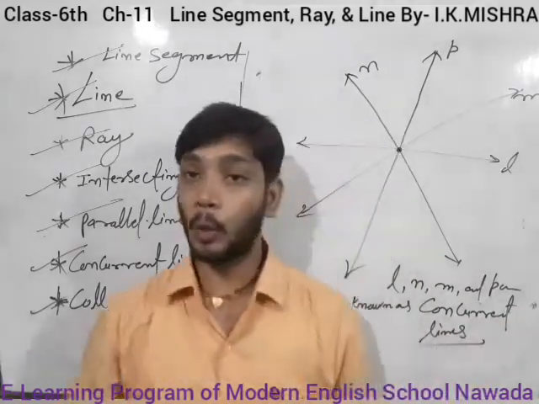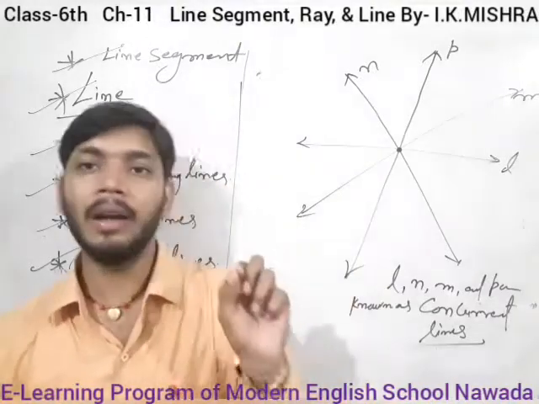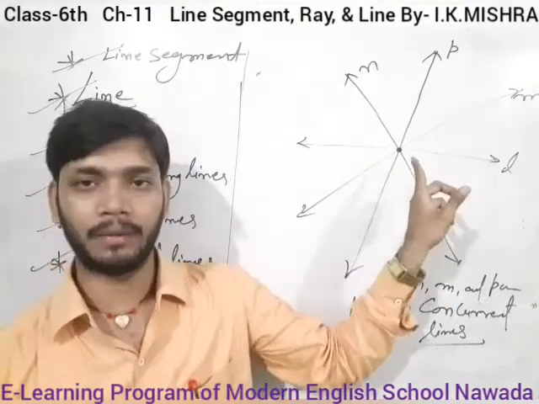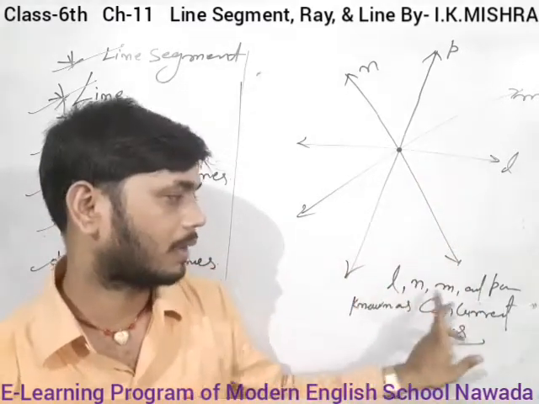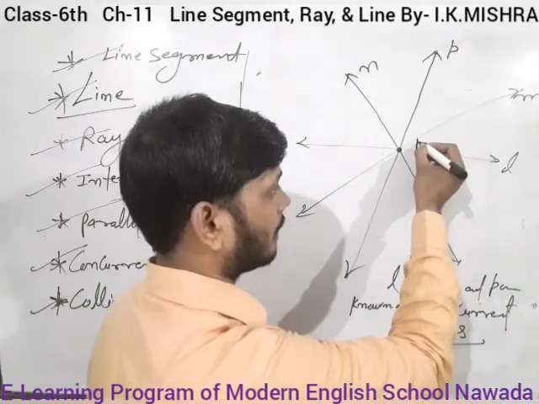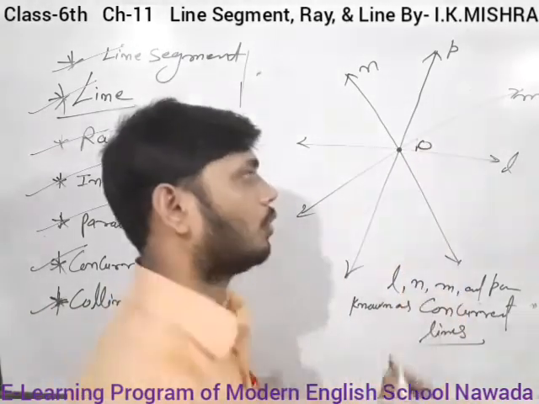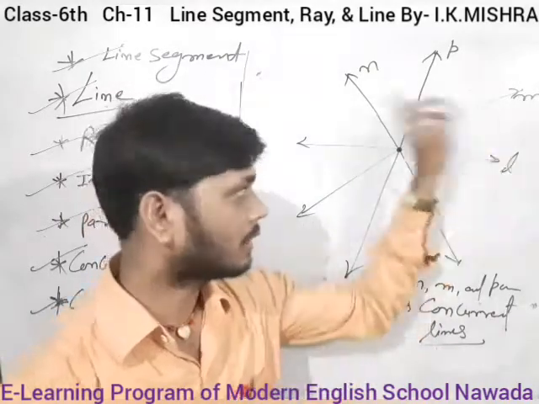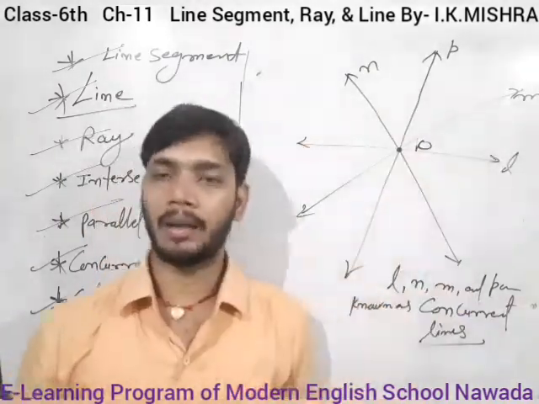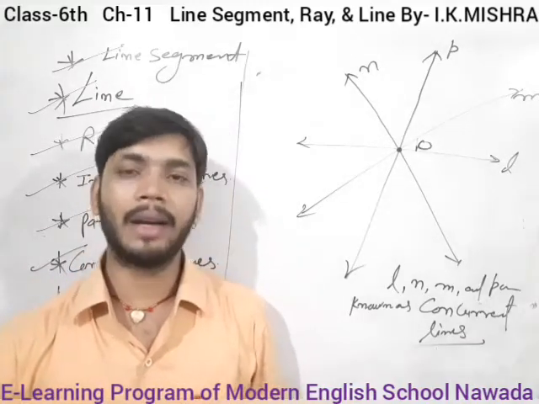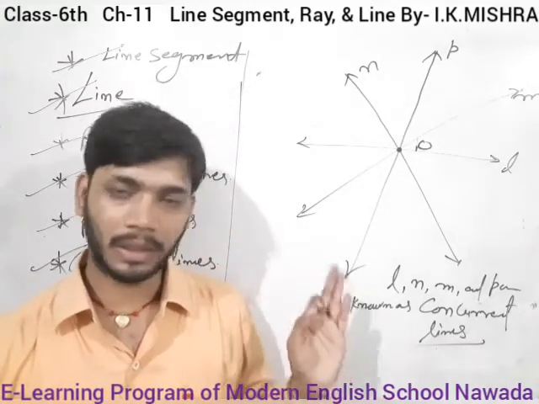Concurrent lines are those lines having a common point. Suppose the common point is O. So all of these lines pass through the common point O. So I think you can easily define this and write all of the definitions.